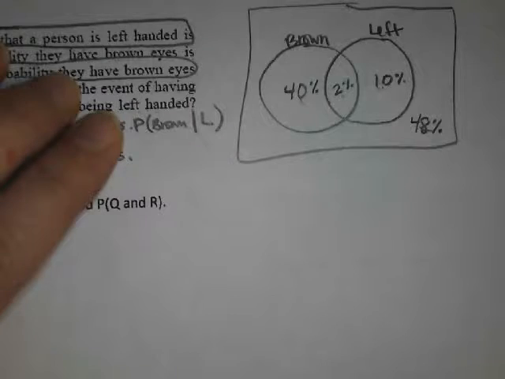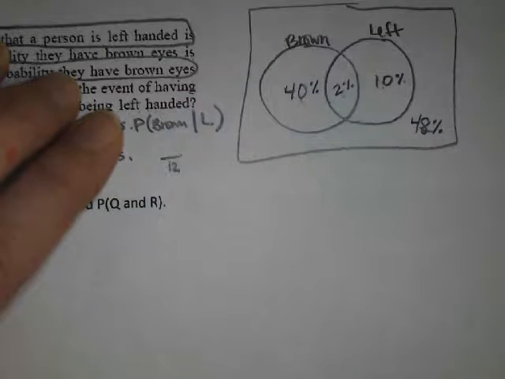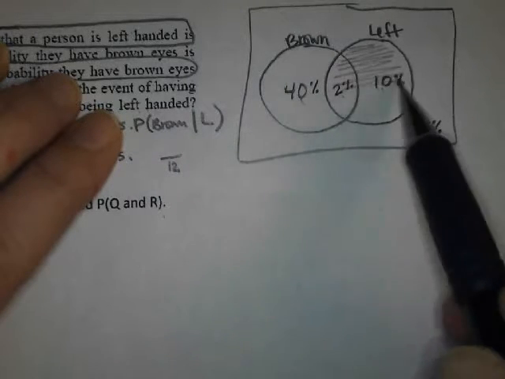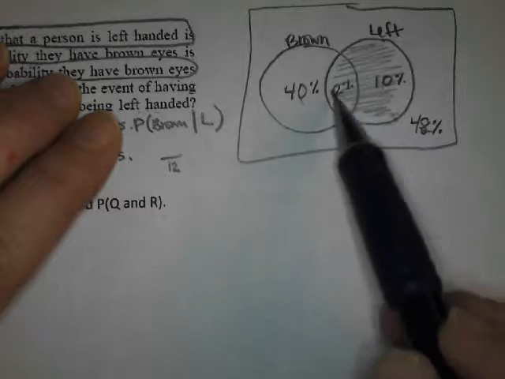Probability of having brown eyes given that you're left-handed. So what should we start looking at first? Left-handed people. What's the percentage of left-handed people? 12. So out of that 12, how many of them have brown eyes? Once you restrict your population to given that you have to be left-handed, you can no longer look outside of this left-handed circle because you're only asking the left-handed people.